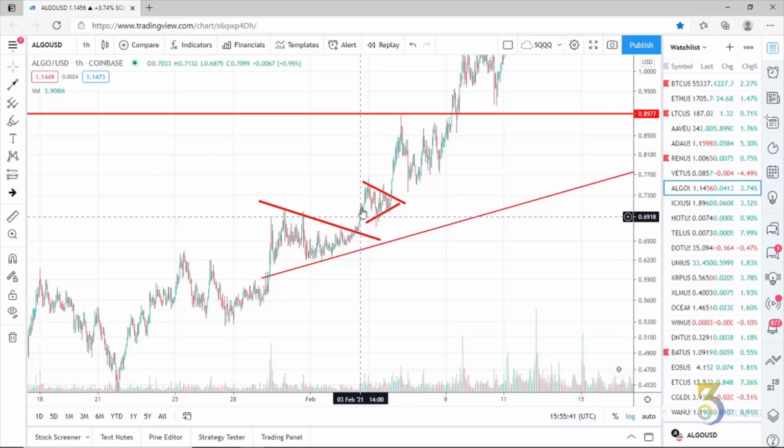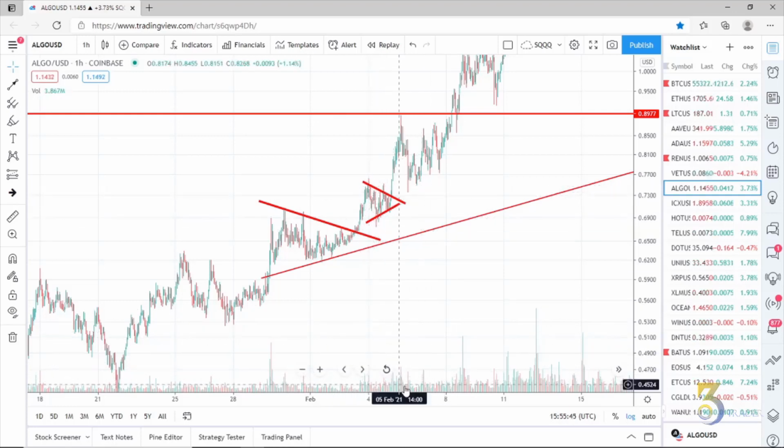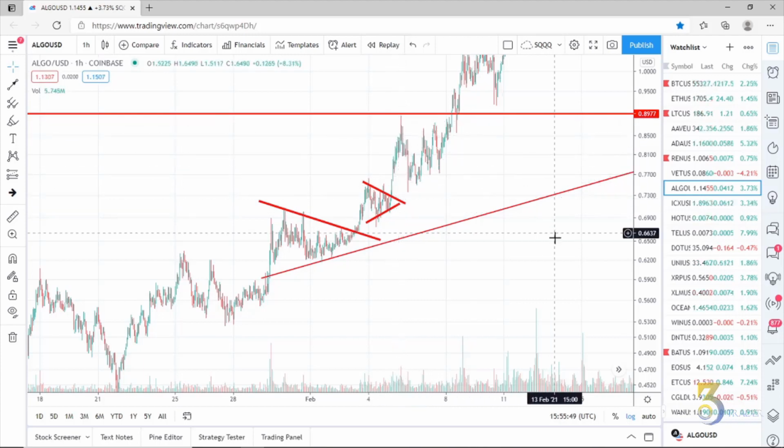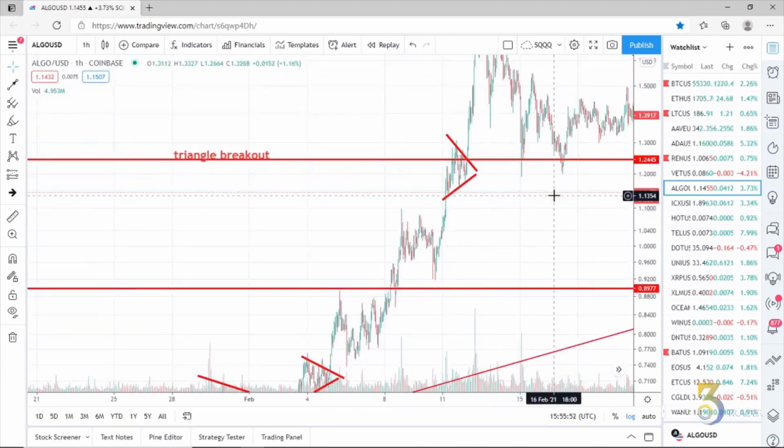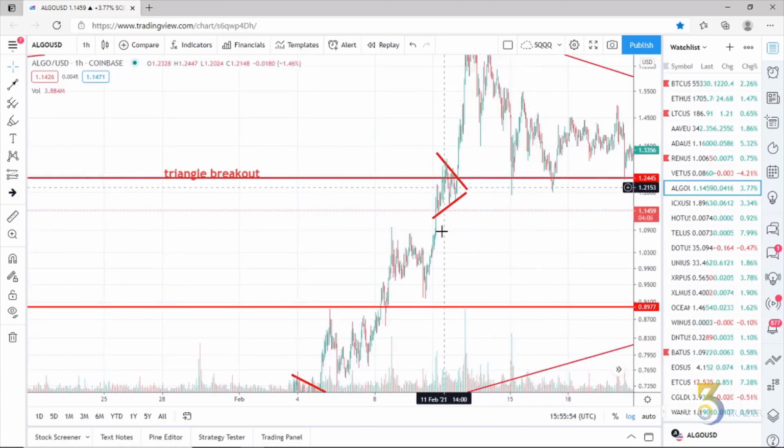Volume on this flagpole, decrease, and then look at this beautiful volume spike right here for Algo. Absolutely gorgeous. Look at this guy. Beautiful volume. You guys should be able to see this.